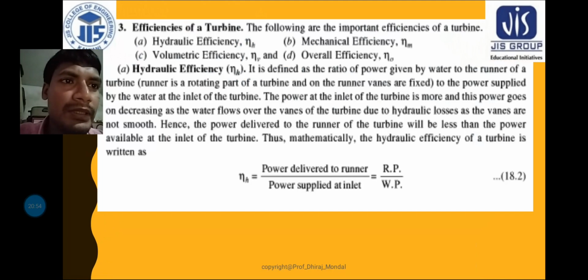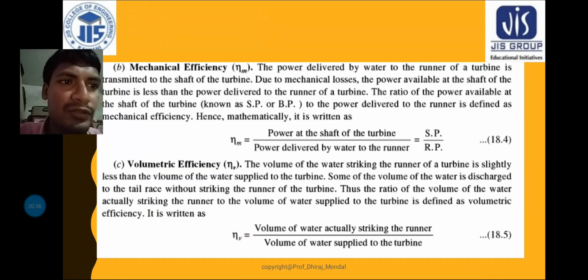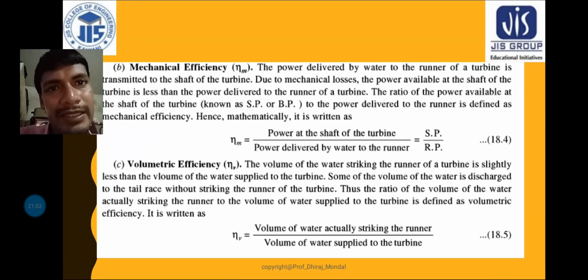So the volumetric efficiency is the volume of water actually striking the runner. If you have 100 kg of water, then let us consider 90 or 95 kg of water actually striking the runner.